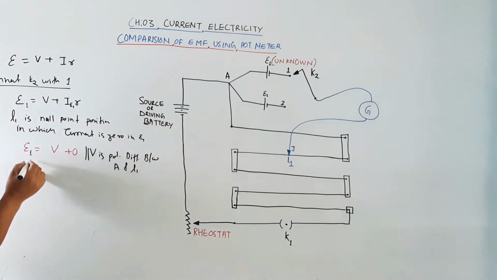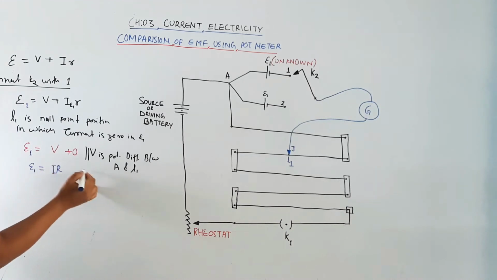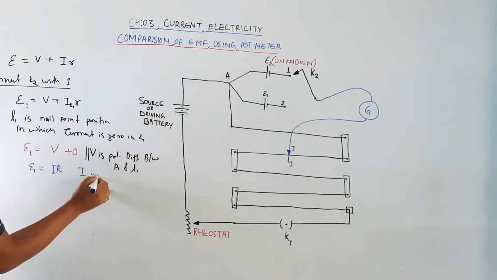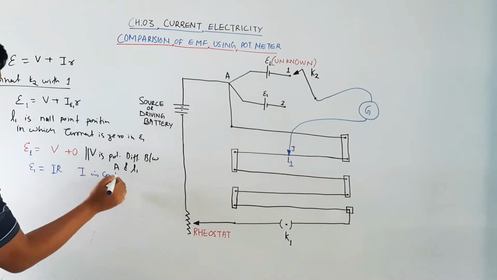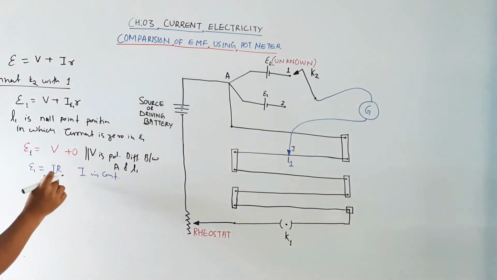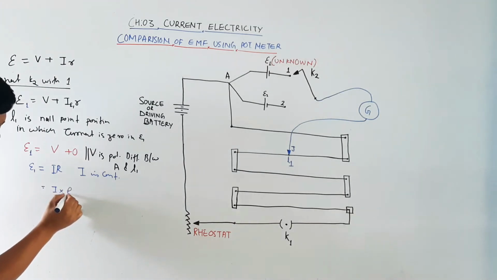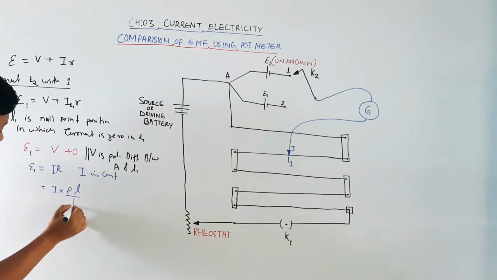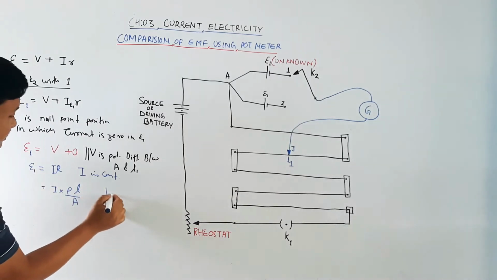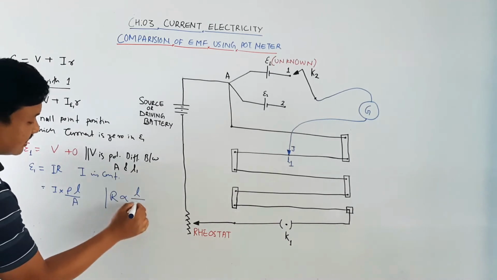So E1 is equal to V, which is equal to IR. This I is the constant current flowing in the wire due to the source, and we know how much R is. R equals rho L by A, because R is directly proportional to length and inversely proportional to area.